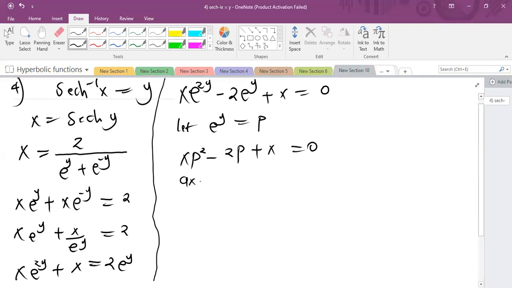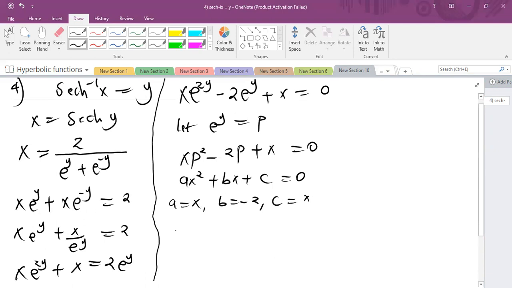So having the general formula for a quadratic equation, what is our a, b, c? Our a is the coefficient of p squared, which is x. Our b is the coefficient of p, which is minus 2, and our c in this case is equal to x.